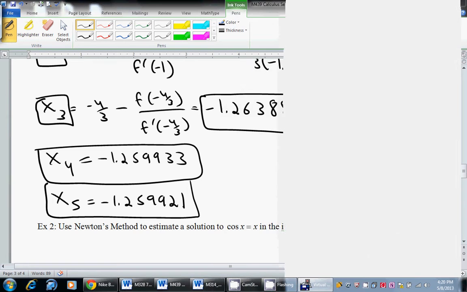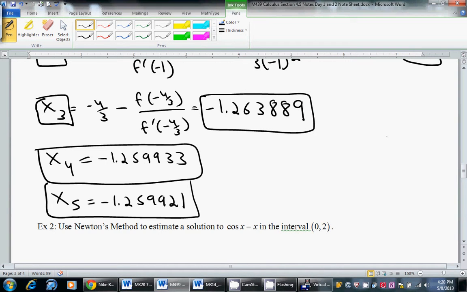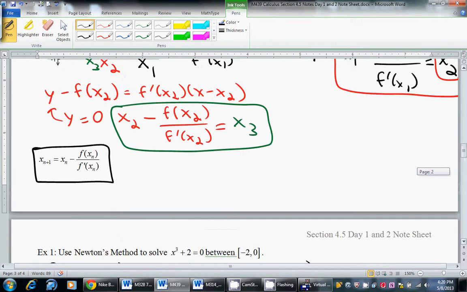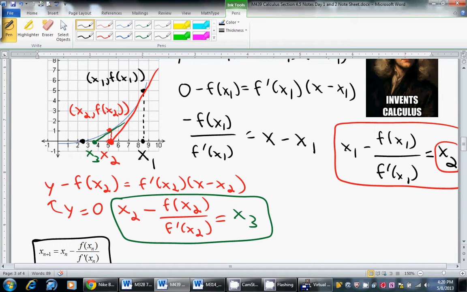Because if we go back and look at our original drawing, what we're doing is finding the x-intercept of the tangent line. If I draw the tangent line at where the x-intercept is, the x-intercept of that line is the point I used to find that line.